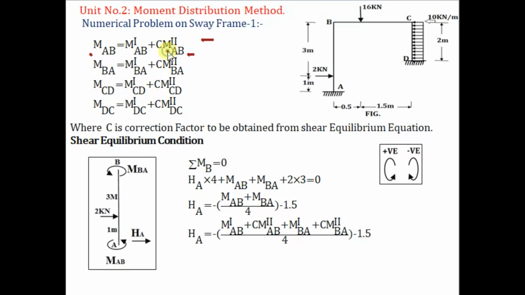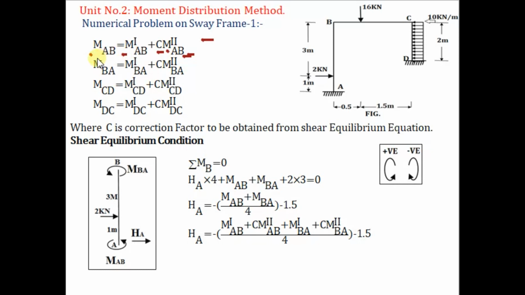MAB second? MAB first means it is calculated by considering the frame as a non-sway frame, and MAB second means it is calculated by considering the frame as a sway frame, where we apply the correction factor for the sway moment.